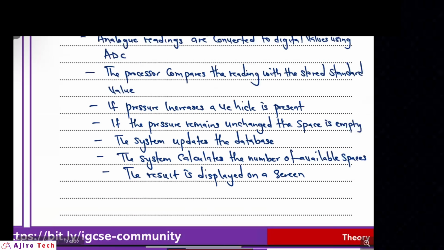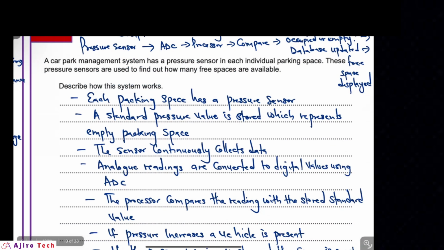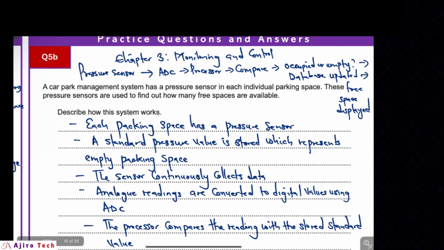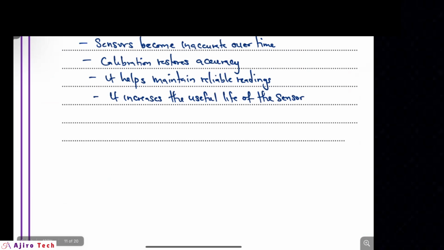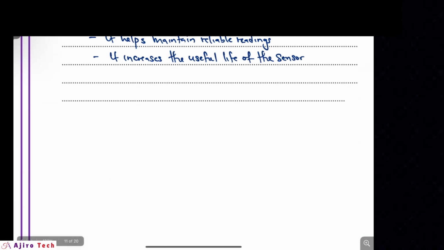Going back to 5B, suppose that the sensor is now reading no car occupied. For example, no car equals to what? Occupied. Think about this. It simply means that it needs what? Calibration.